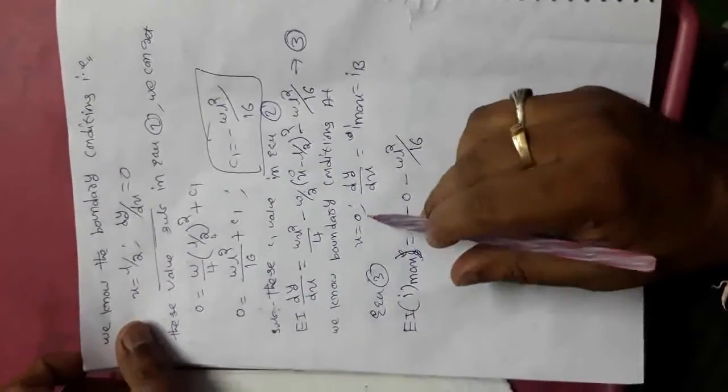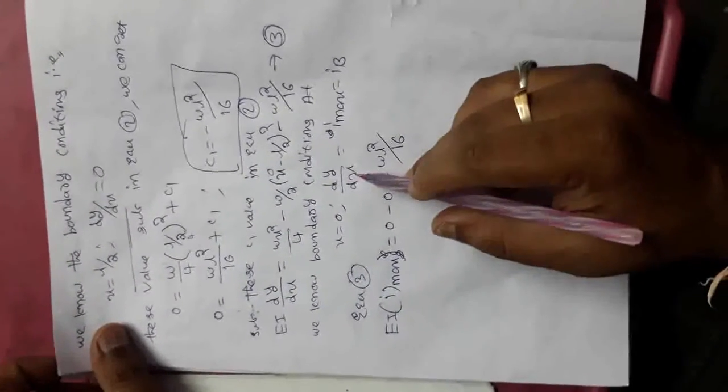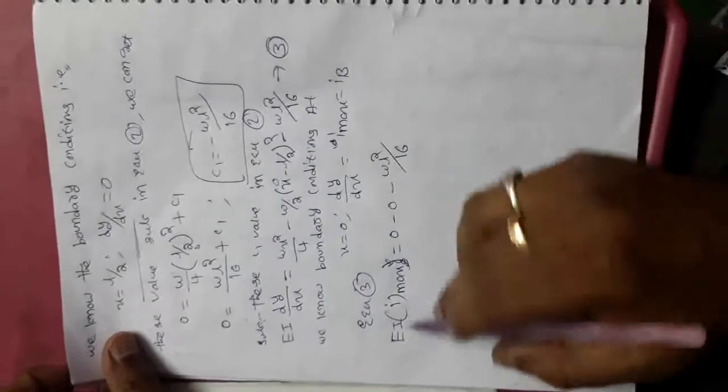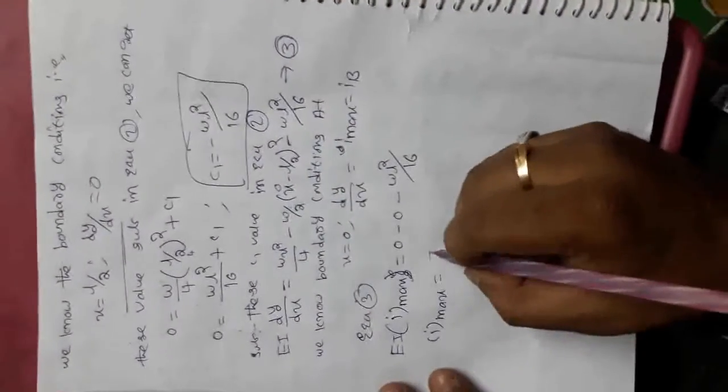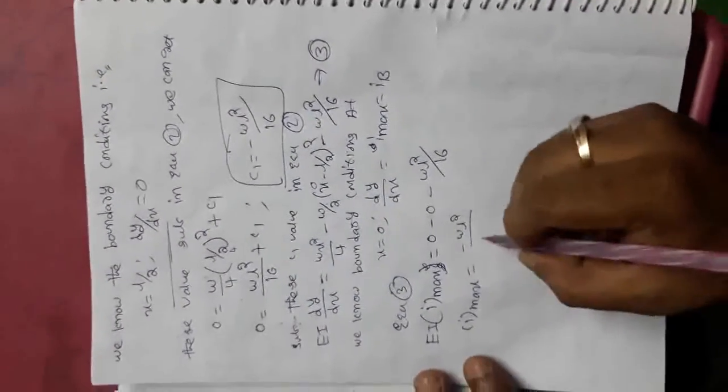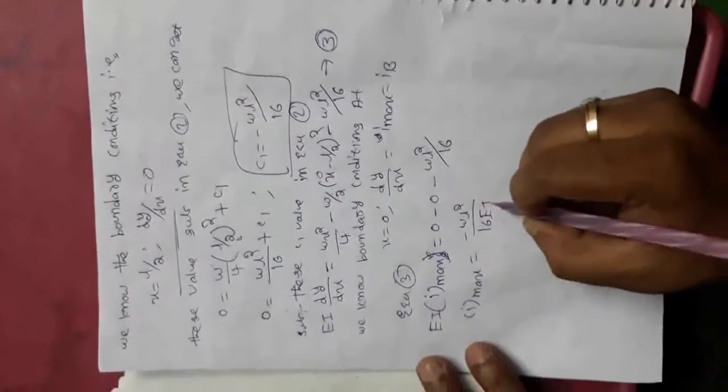After substitution of these x and dy by dx values, you get EI theta maximum equal to minus WL square by 16. You can simplify this equation and get theta maximum equal to minus WL square by 16 EI radians. So this is also called theta A.